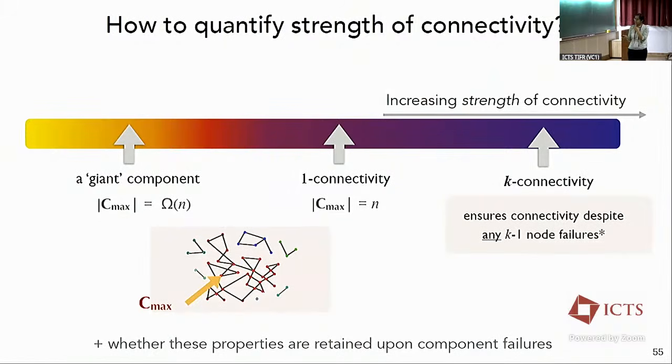One object I've looked at a lot is K connectivity. There's K vertex connectivity, K edge connectivity, and so on. But we'll mostly talk about K vertex connectivity, and what it does is ensure that your network stays connected despite any K-1 node failures. They could be anywhere in the network. So it's sort of a worst case attack mode.